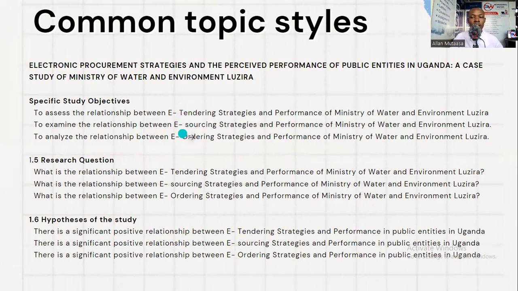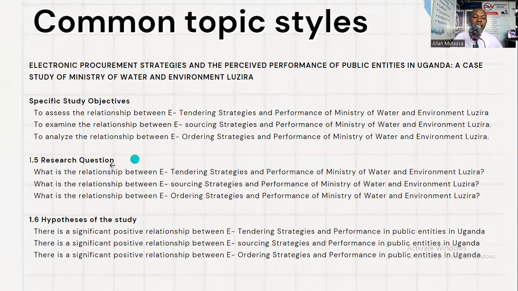These are all events that happen while you're doing electronic procurement. So when you're doing a specific objective, we are going to be studying the independent effect of each on performance. So we study the independent effect of e-tendering on performance, e-sourcing on performance, e-ordering on performance.